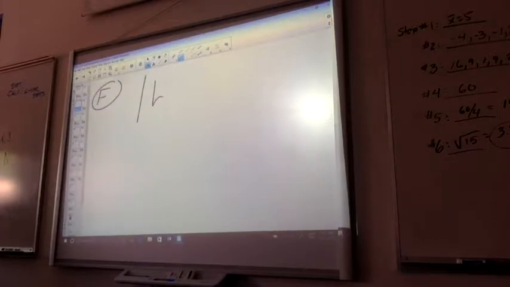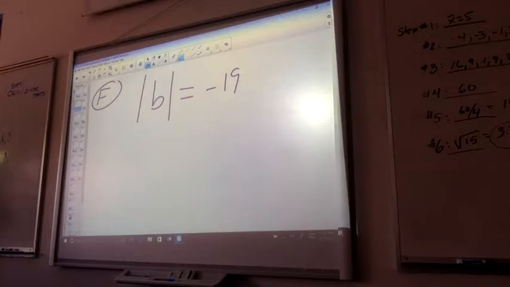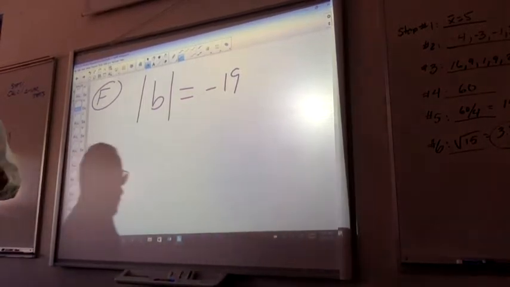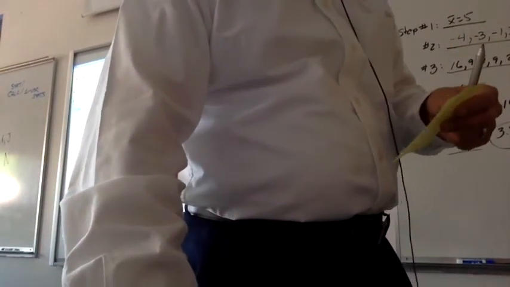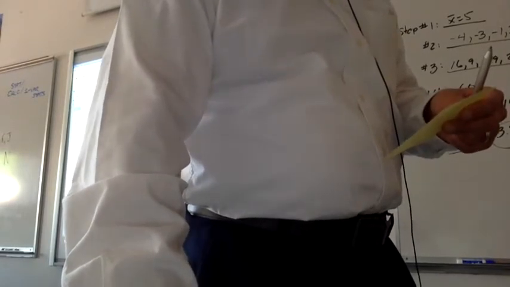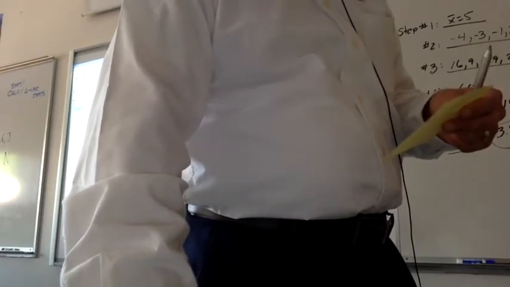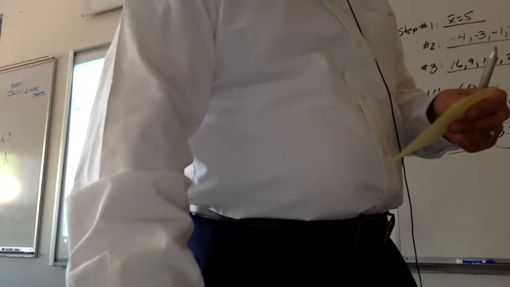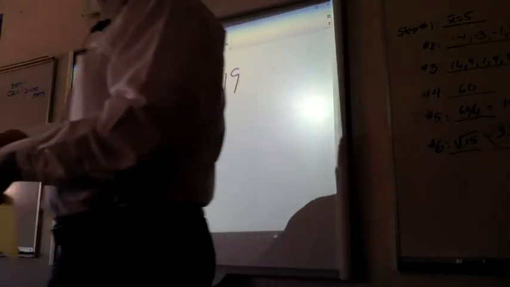Here's letter F. They have the absolute value of the variable b equals negative 19. So here's what you need to ask yourself: can you take a value and plug it in and get a negative value out?